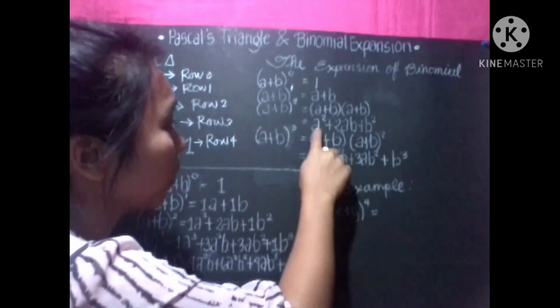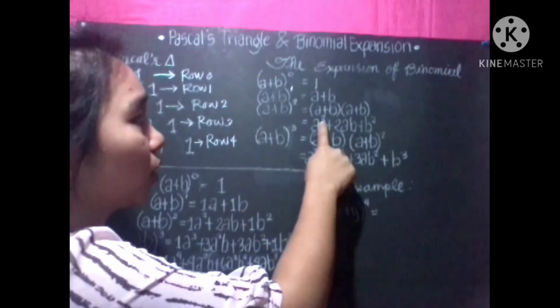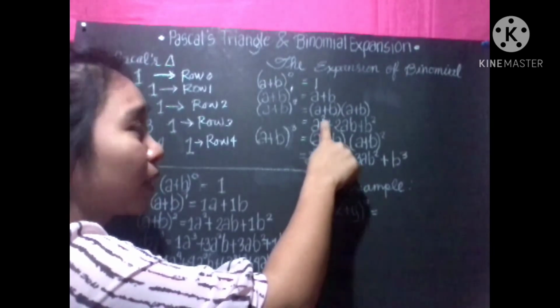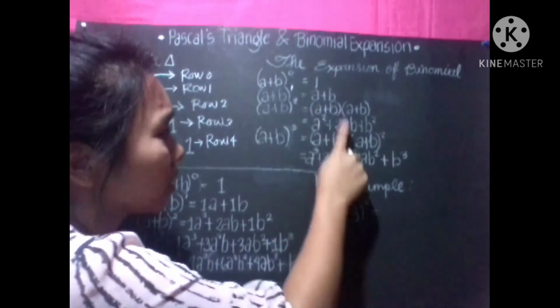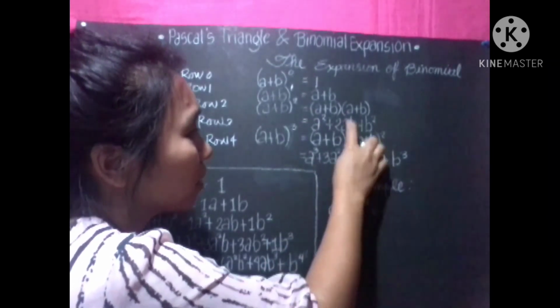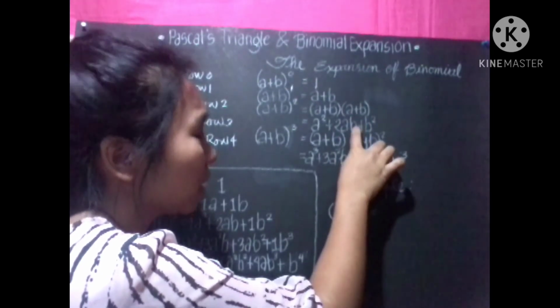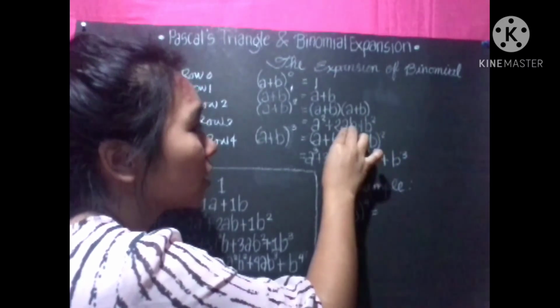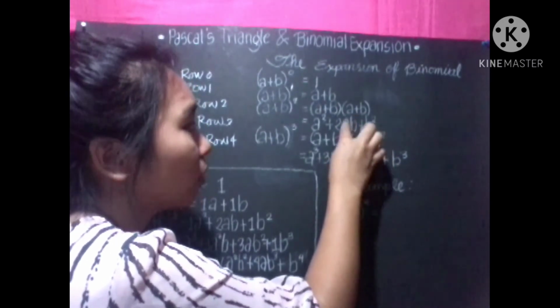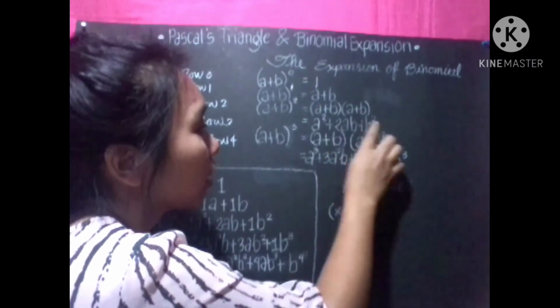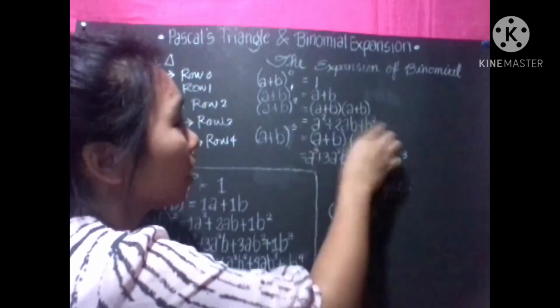So a squared, it has the same exponent: 2ab, this is 1, this is 1, and this is 1, and it results in 2 if we add the exponents, then b squared. So it is the same.